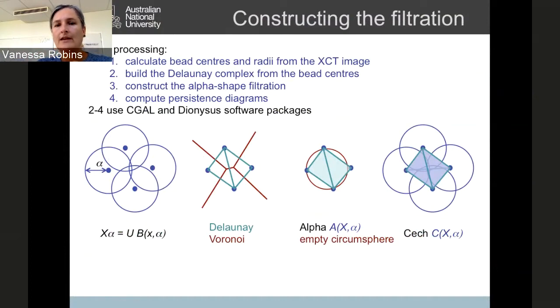So we're turning voxelized data into point coordinates with double precision, because the bead centers are found as the center of mass of all the voxels that contribute to a particular bead. So we get very high precision point locations for the center of each bead.